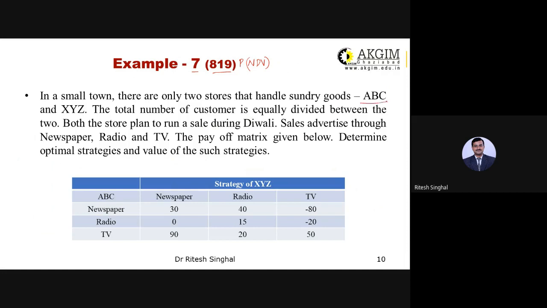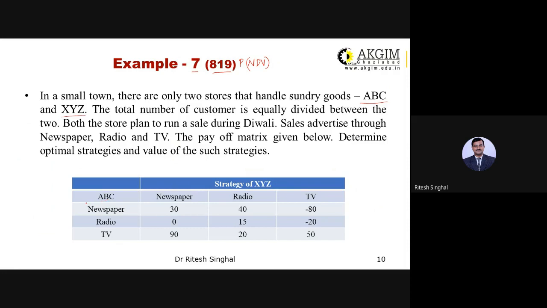The store names are ABC and XYZ. So obviously there are two competitors. The total number of customers is equally divided between the two. Both of these stores plan to run a sale during the Diwali season. Sales are advertised through newspaper, radio, and television. The payoff matrix is given below. Determine the optimal strategies and the value of the game.